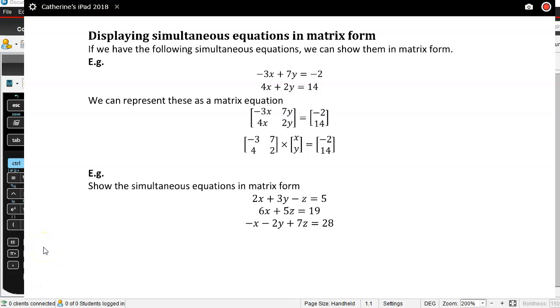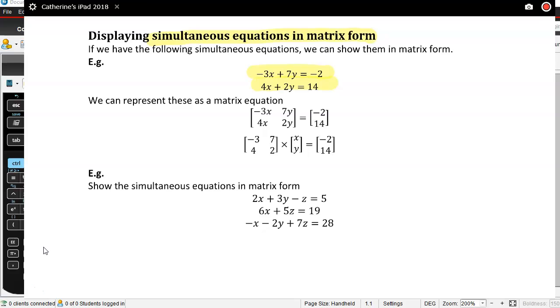So here we are talking about displaying simultaneous equations in matrix form. You might remember simultaneous equations from year 10. So that's how we look at them, algebraically. Now you can solve those algebraically. However, you can also represent these as a matrix equation.